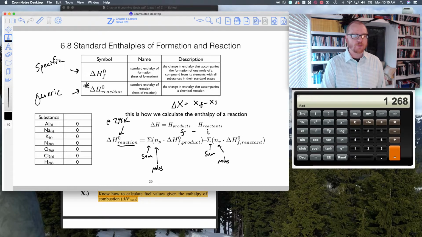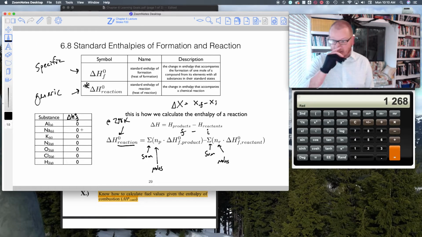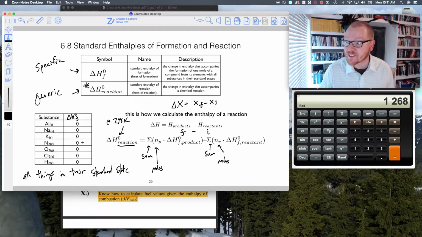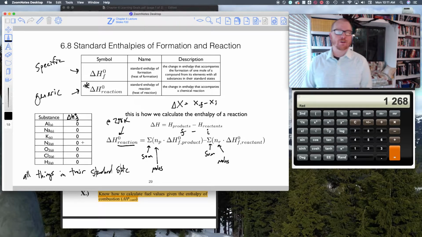One thing to note, my table was missing a header here. One thing that's important to know, a rule you've got to know: for all elements in their standard state, the enthalpy of formation is always 0 because they're already in their standard state.